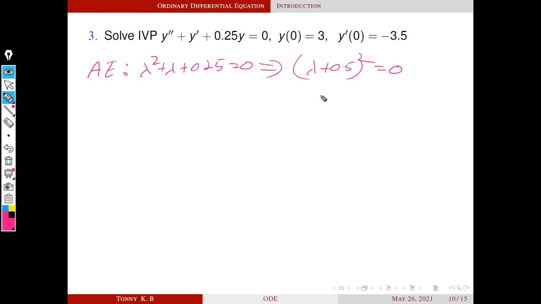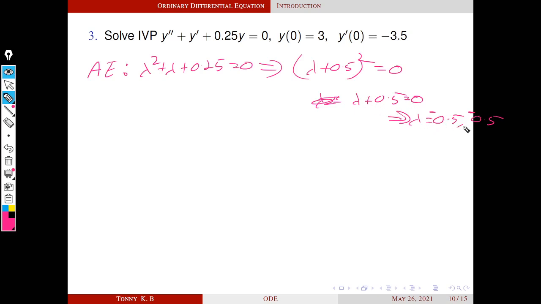So this auxiliary equation has a double real root. This implies lambda plus 0.5 equal to 0, so lambda equal to minus 0.5, a double root. So we have a real root, minus 0.5.